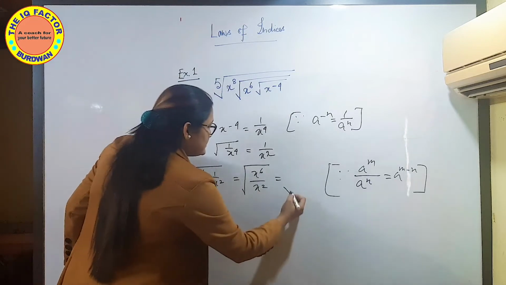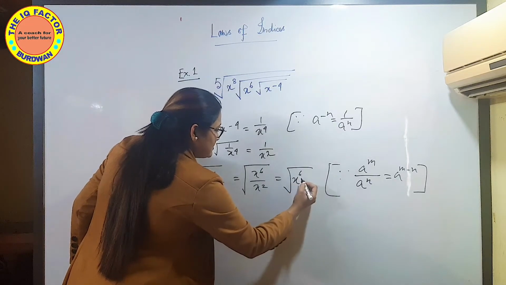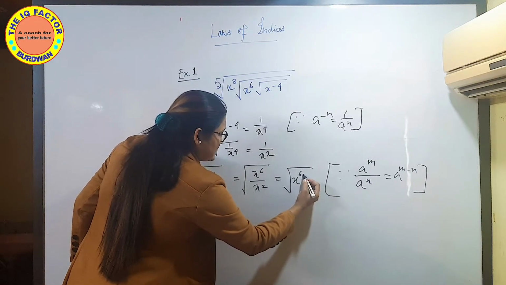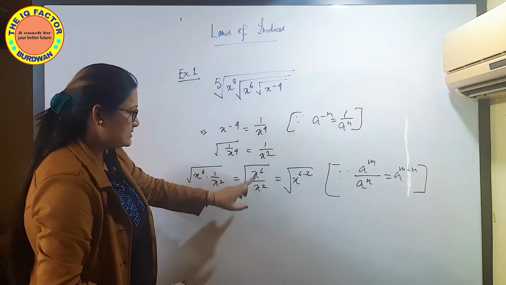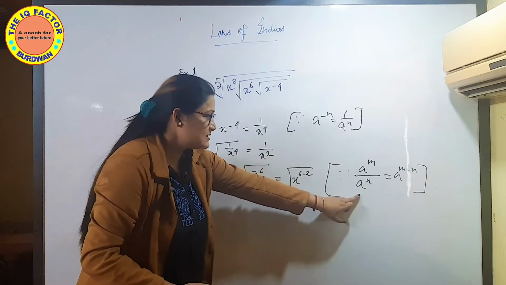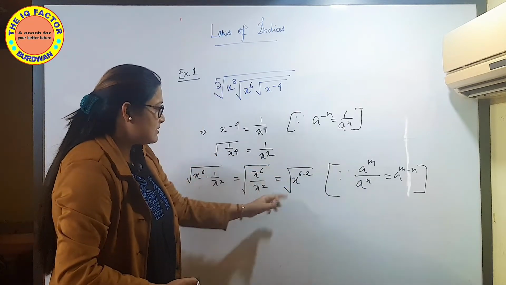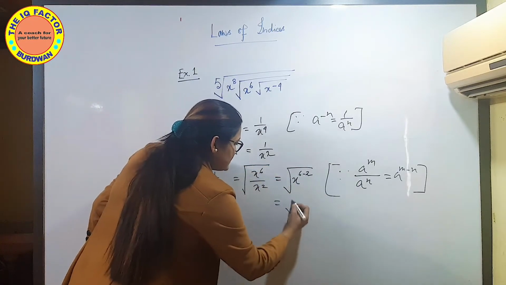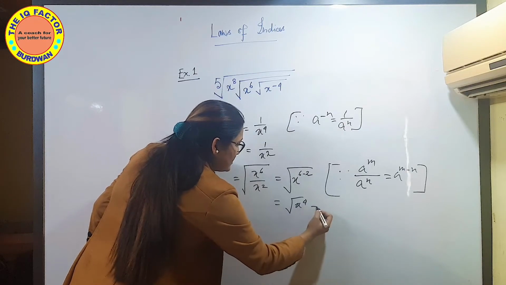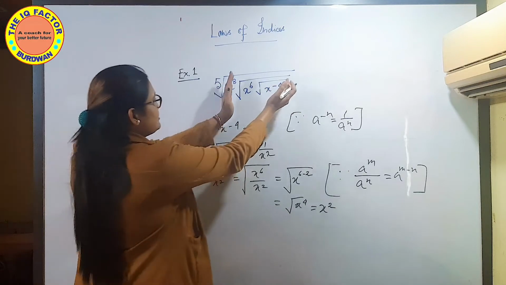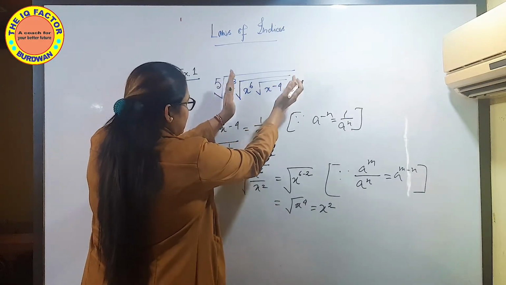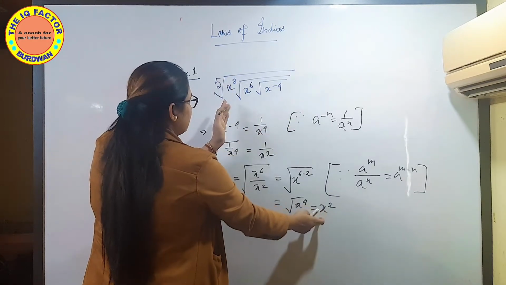So, here it is x to the power 6 by x to the power 2, just like this. So, it will be x to the power 6 minus 2, which is x to the power 4, and its square root is x square. So, up to this we get x square.